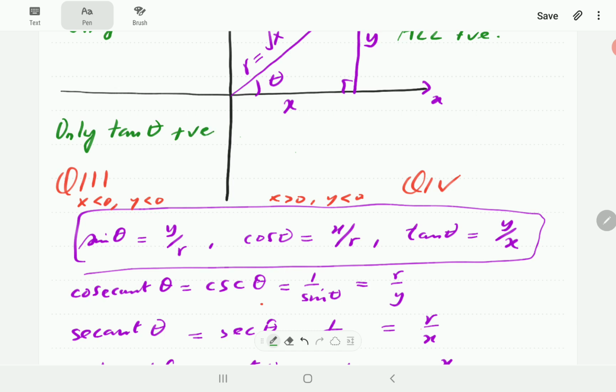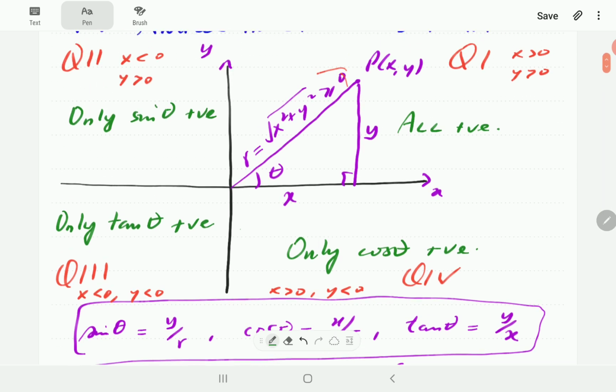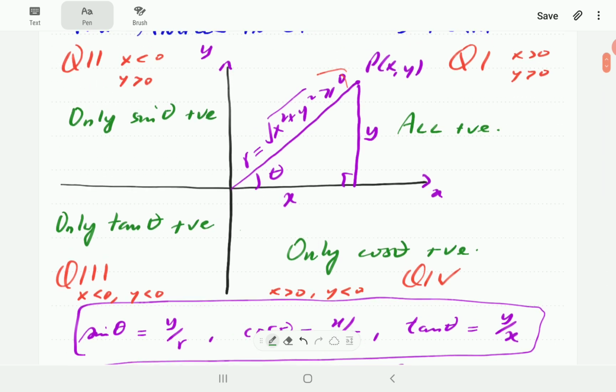And then in the fourth quadrant, y is negative, so only cosine theta is going to be positive. This is going to be very important in what we continue to do, remembering these designated signs of the angles in the different quadrants.